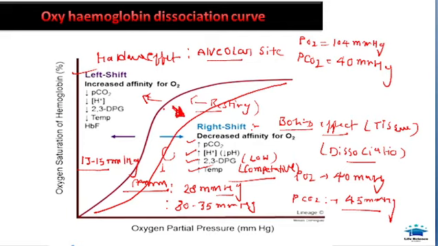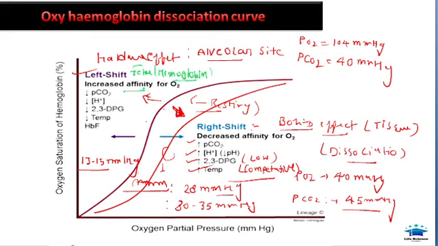So what happens when the curve shifts toward the left? In a left shift there is increased affinity for O2. This happens when you have fetal hemoglobin.